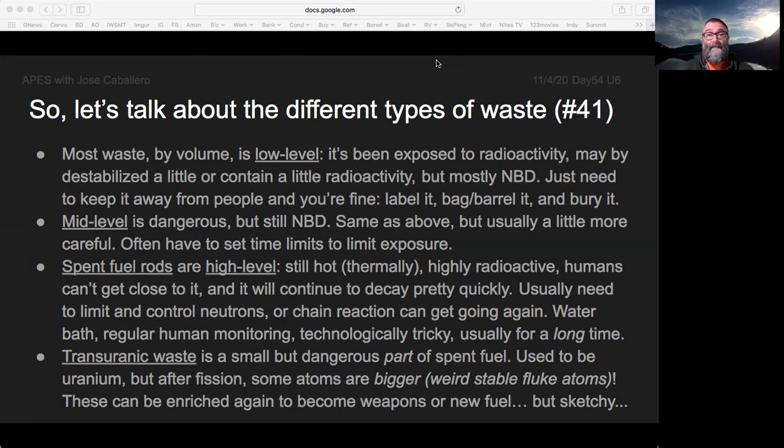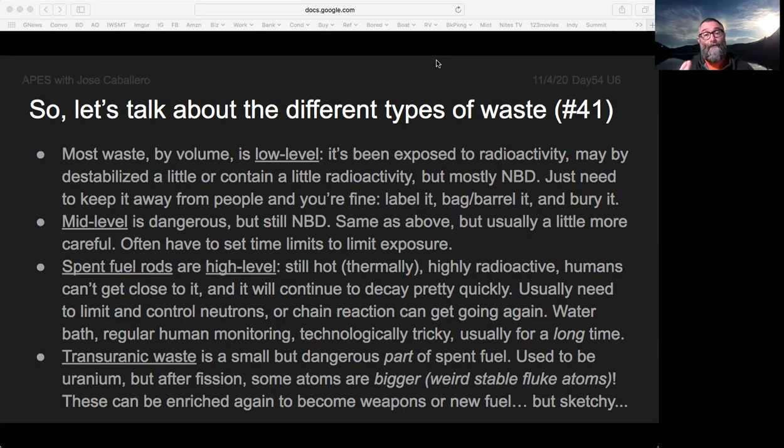And mid-level waste is about the same, just labeled more, buried deeper. And mid-level waste can be dangerous, and so people have to really limit their exposure to this. This has pretty strict time limits. Like if you work in one of those facilities, you only get close to this material 2 days a month or whatever.